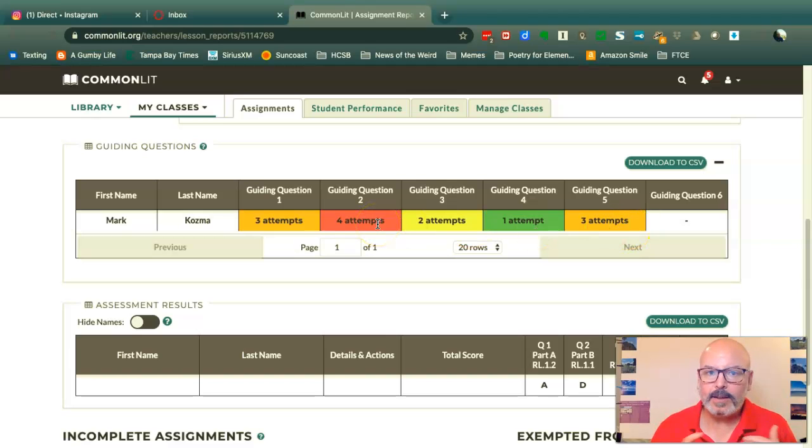This gives me an idea if you're paying attention, if you're being serious about it. If I see a lot of red, that you're just clicking, trying each one, the 2s and the 3s and 4s like I was doing, it means to me that you are not taking it seriously, or you're not reading the questions, or you're not trying to get them right. And then I look at your average or your score, and I see that you probably didn't do well because you really weren't trying to understand the text or use the guiding questions to help you.